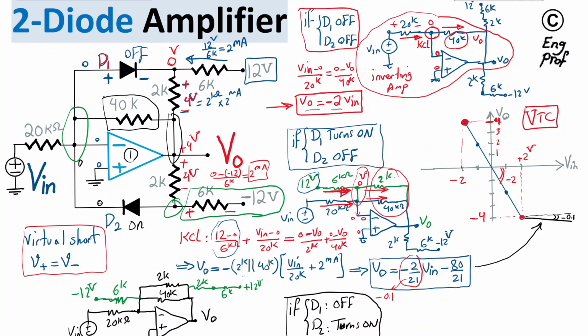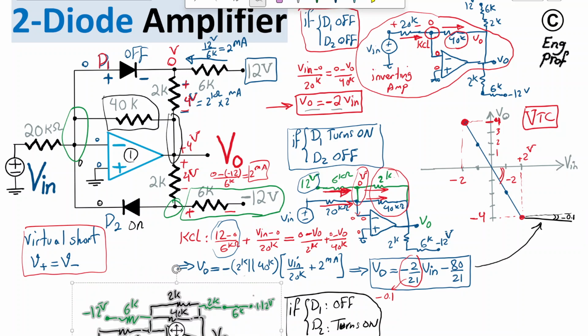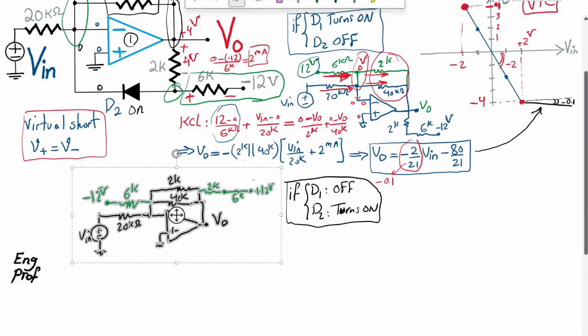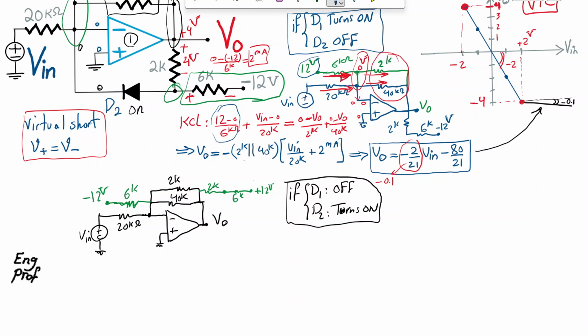Let me shift this whole thing a little bit so that you can see it more correlated to the scenario that I'm describing: diode D1 is off, diode D2 is on. So this is the look of the circuit. If this is the look of the circuit, then it's easy to focus on the inverting amplifier that we have here, which means focus on this portion that matters to us.